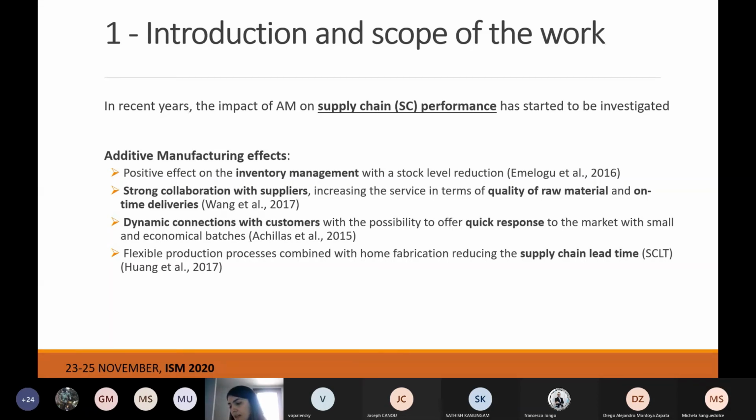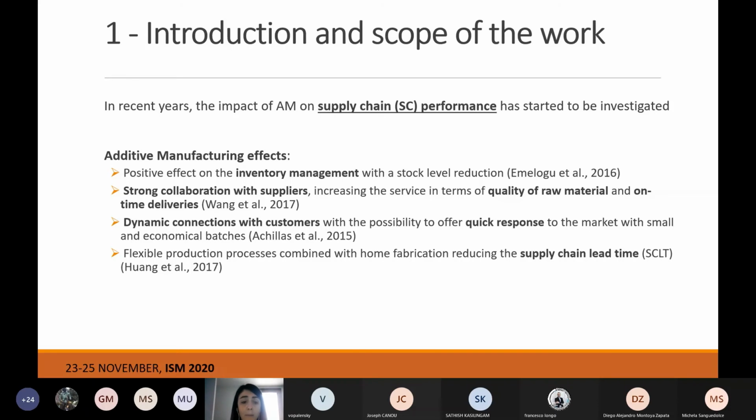For example, this technology allows a reduction in the number of components and raw materials, having positive effects on inventory management. Additive manufacturing also needs strong collaboration with suppliers, and this partnership increases the service in terms of quality of raw material and on-time delivery.